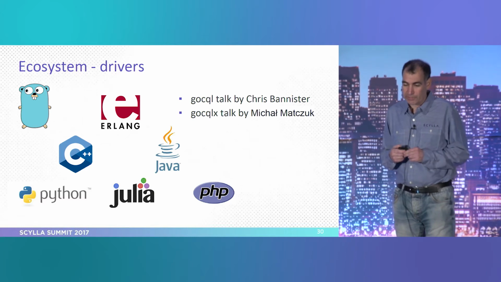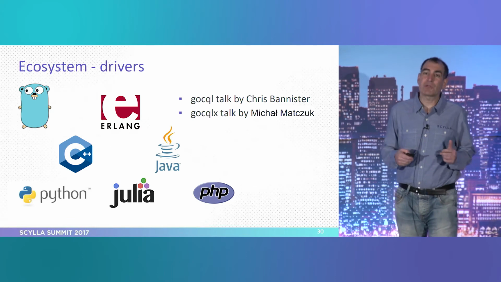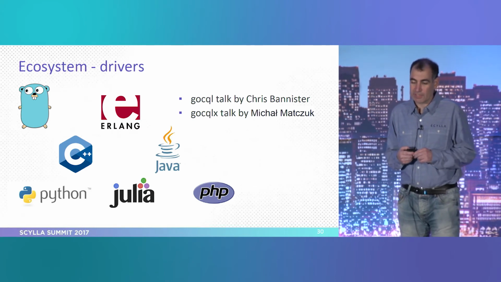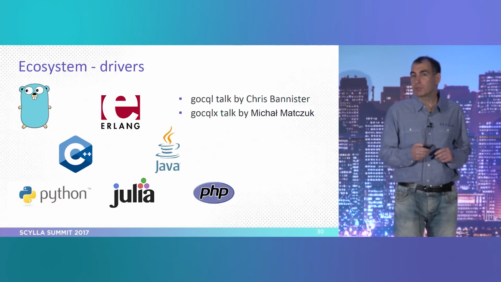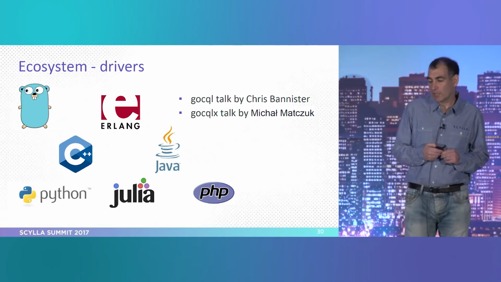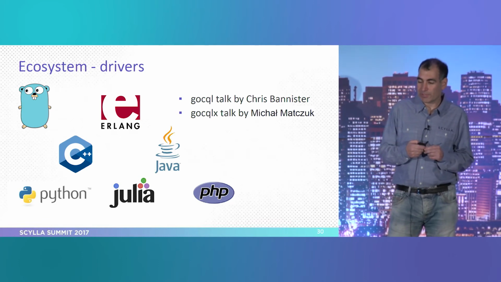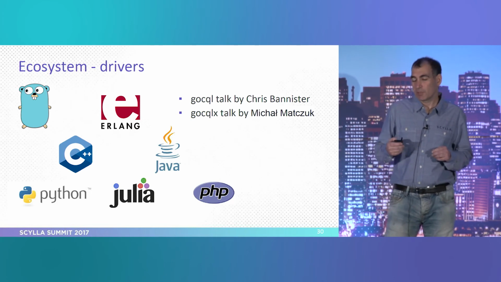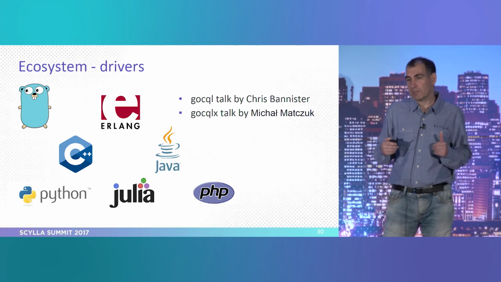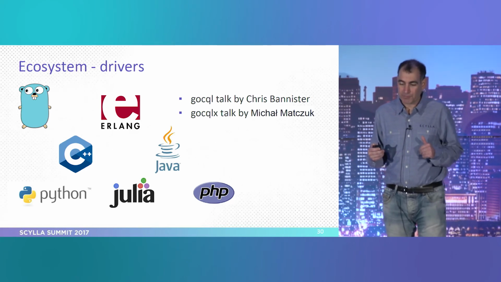Many of them were inherited via our Cassandra compatibility, but also some are now starting to target Scylla directly, not just via compatibility. There are going to be 2 talks about drivers: a GoCQL talk by Chris, who is the author of that driver, and a talk about GoCQLX, which is a sort of object relational mapper on top of that driver, by Michal.